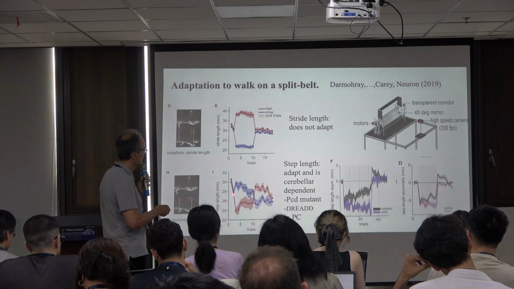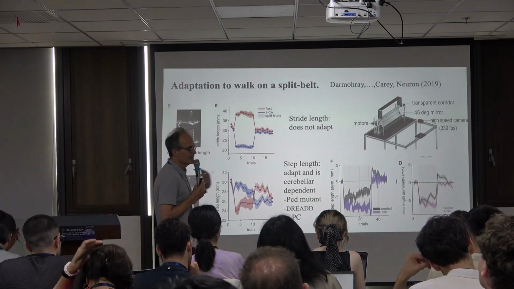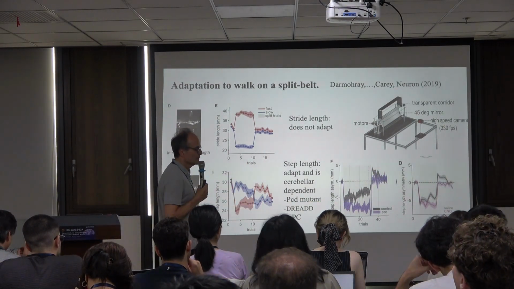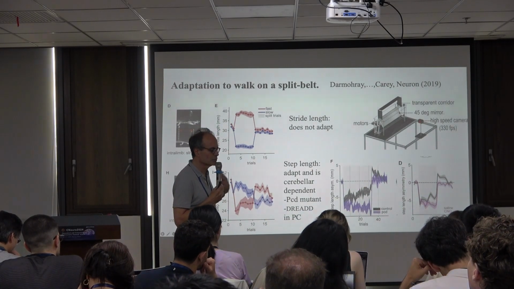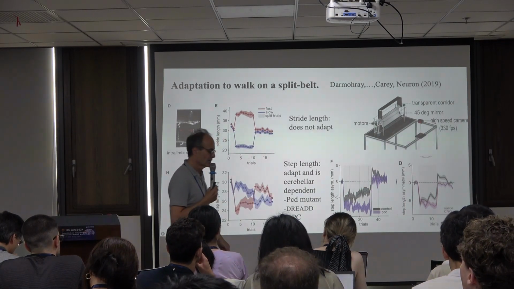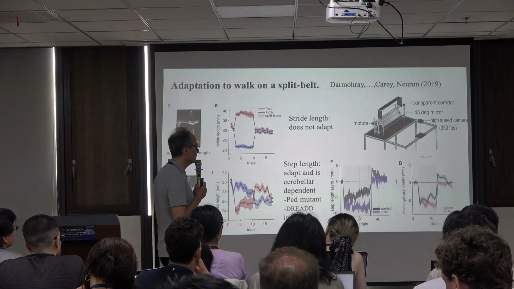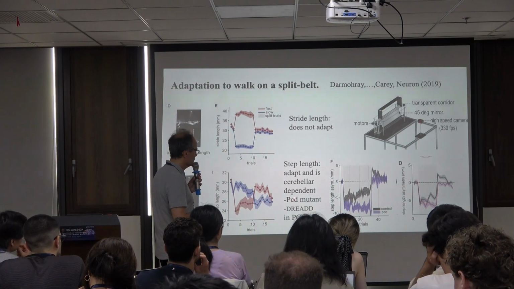It starts big, so at the beginning of the experiment, you put the foot on the slow belt in front, and then you adapt. So that's the adaptation.